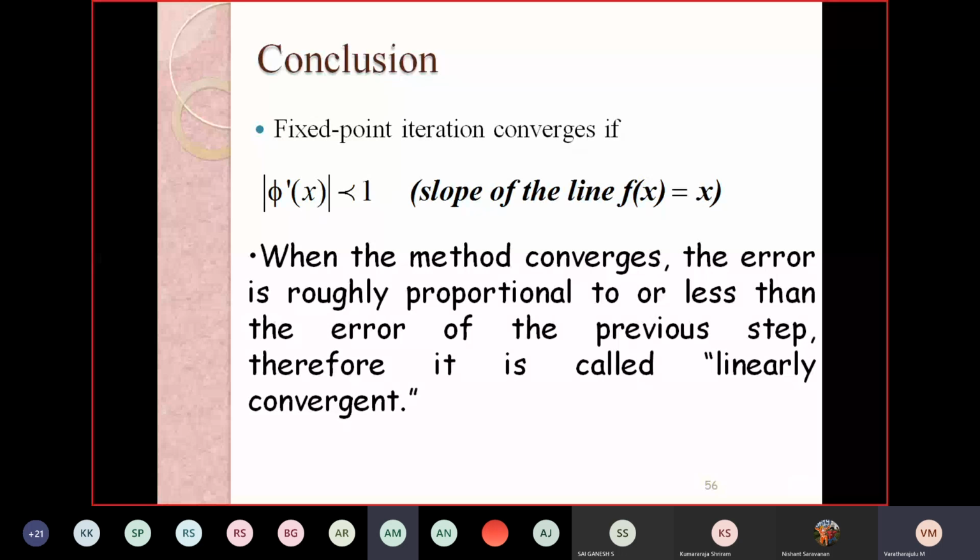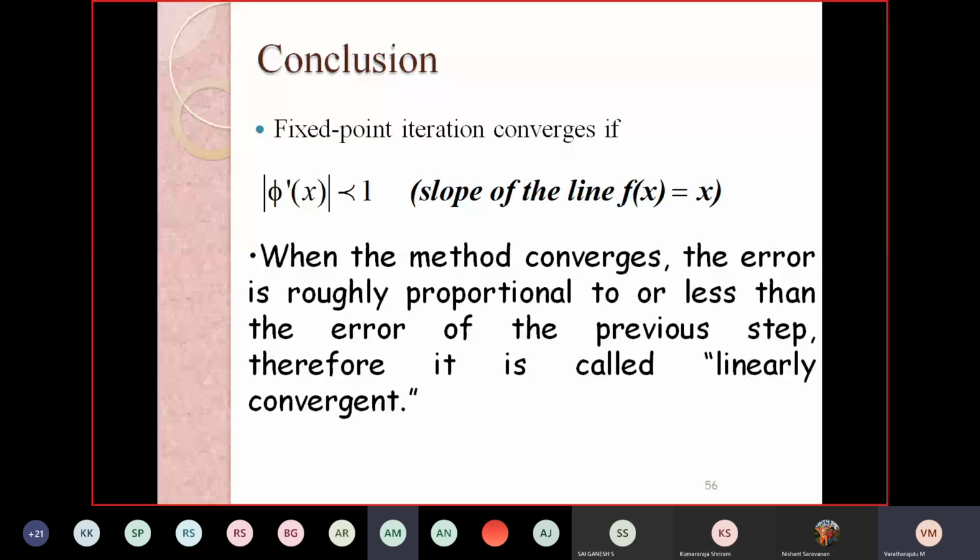The thing is, phi dash of x should be less than 1. For these types of problems, the convergence occurs linearly. This is called a linearly convergent technique. The fixed iteration method is called a linearly convergent technique.